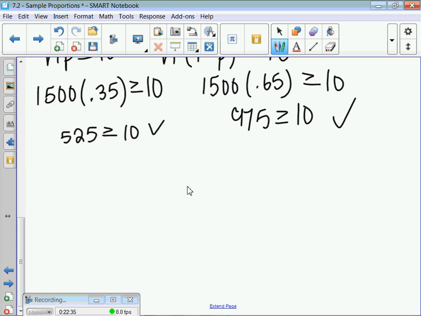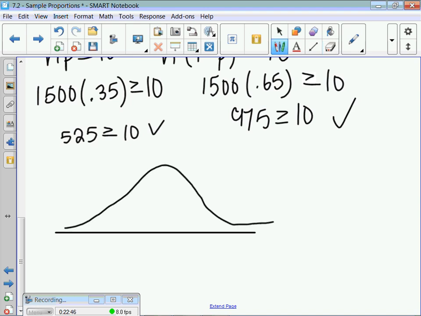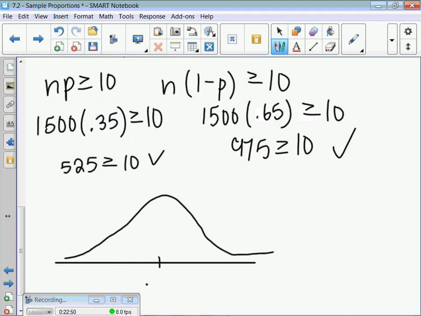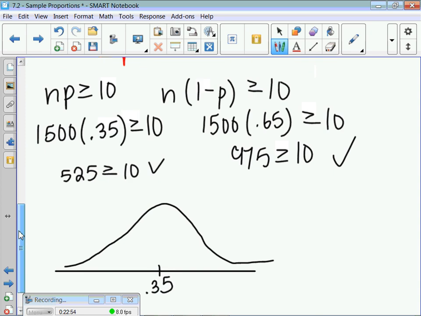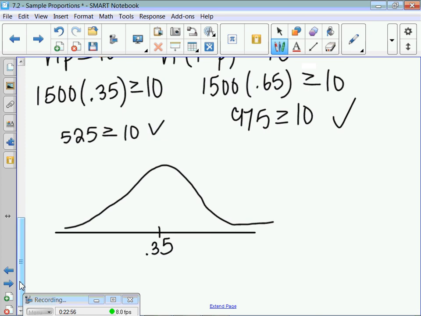By the way, we no longer need a dot plot because I just proved it's normal. So if I'm drawing this proportion here, wow, there's a really bad normal curve, but there you go. Okay, right in the middle is 0.35. And I could do my standard deviations, 0.01. I'm just going to estimate like 0.01, so 0.36, 0.37.